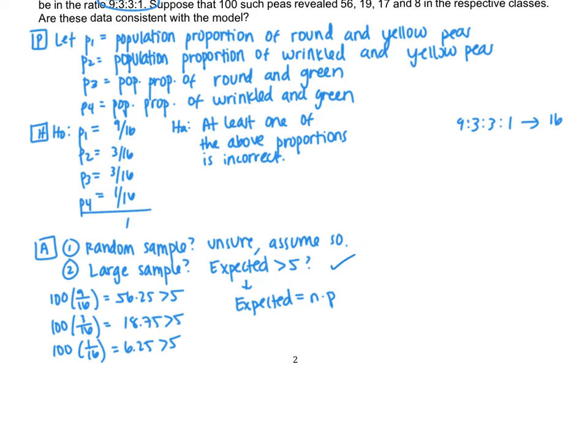You don't need to do 3 out of 16 twice. There's no reason to write it twice. It's the same expected value. Good news, no 10% rule. Just these two assumptions. Questions before we keep going?